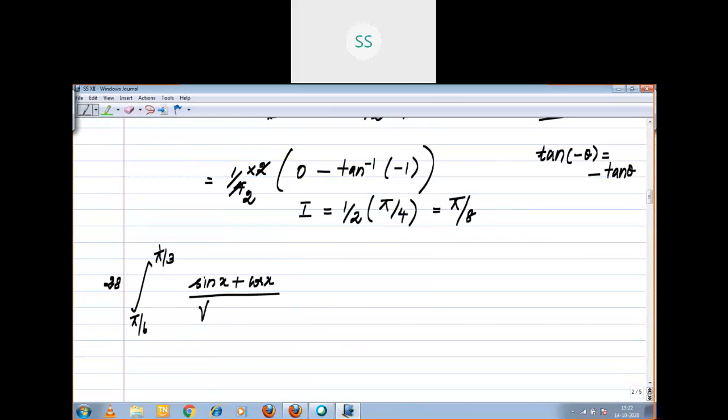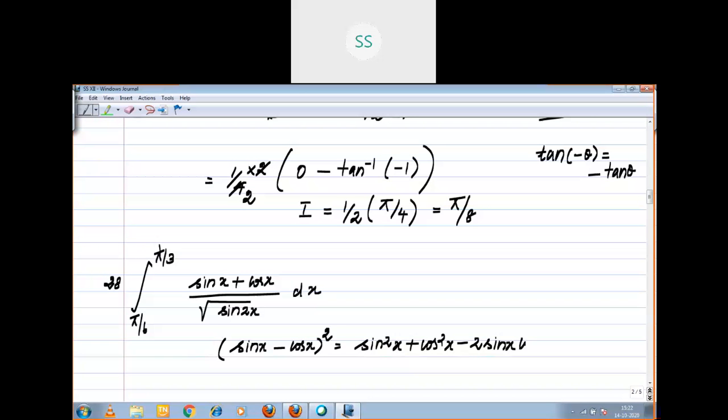Integral from pi by 6 to pi by 3 of (sin x plus cos x) divided by square root of sin 2x dx. Right?